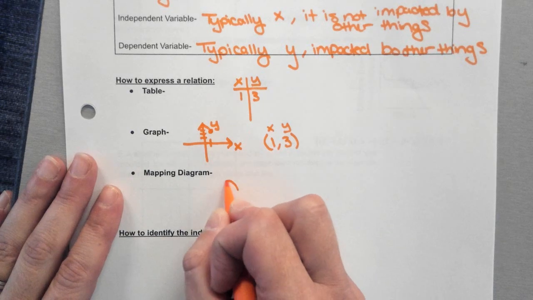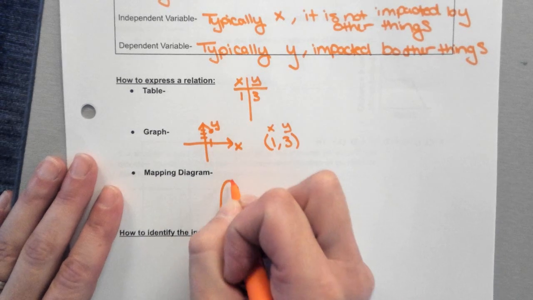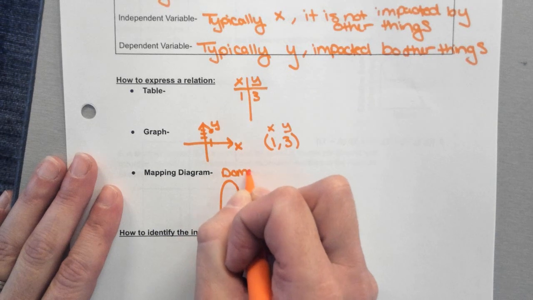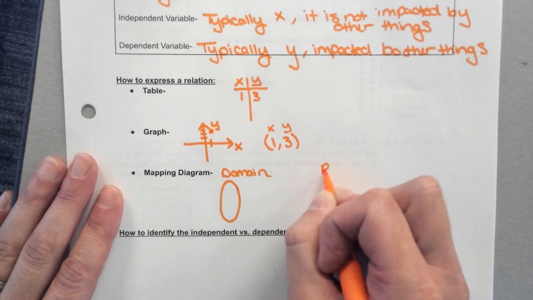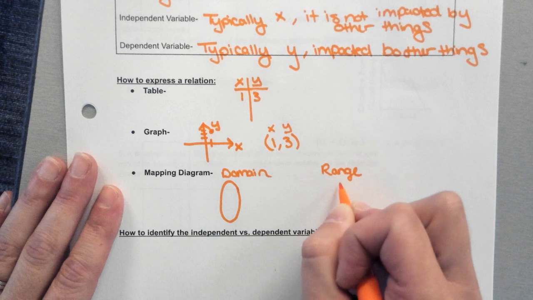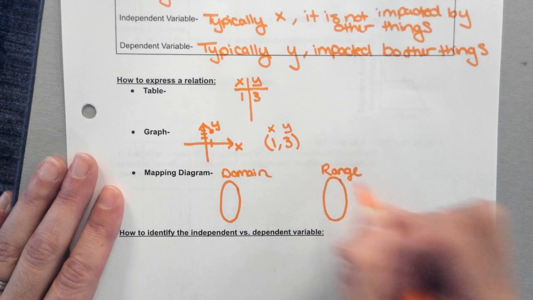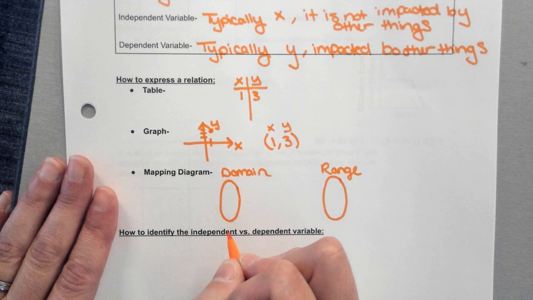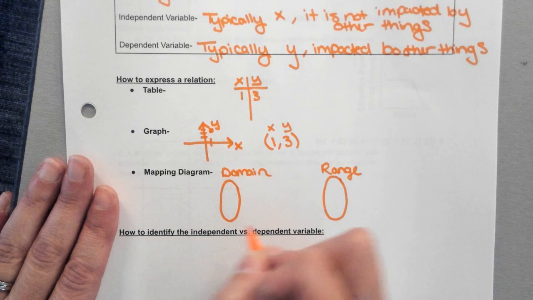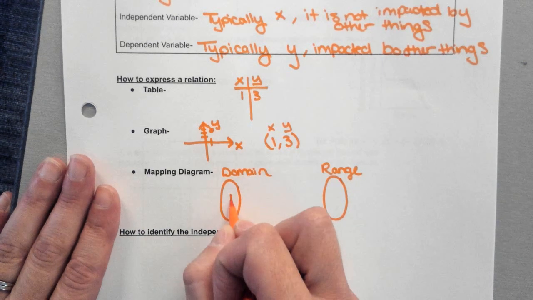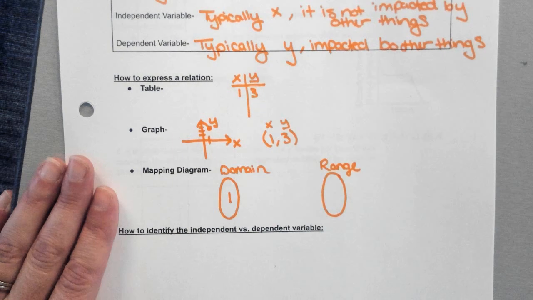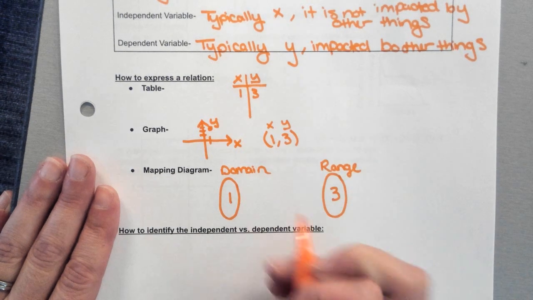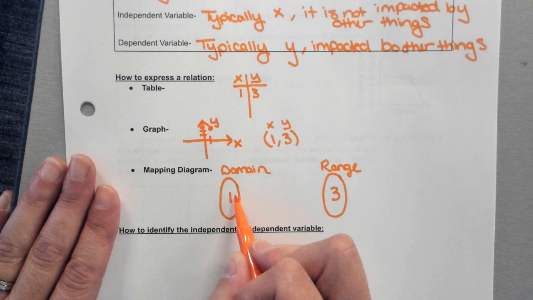And then the last part, you're going to have a bubble for the domain and a bubble for the range. Okay. Alright, so 1 was my domain because it was my X value. 3 was my range because it was my Y value.